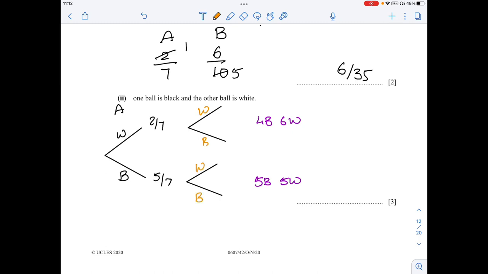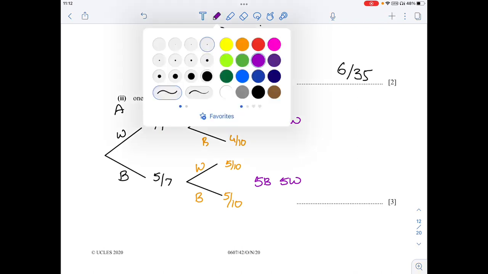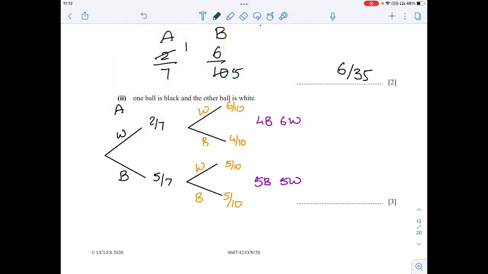White, black. So now what is the case? White is going to be 6 upon 10, black is going to be 4 upon 10, white is going to be 5 upon 10, black is going to be 5 upon 10. Now what do I require? I require 1 white and 1 black, or 1 black and 1 white.